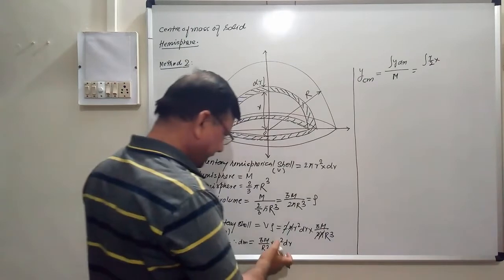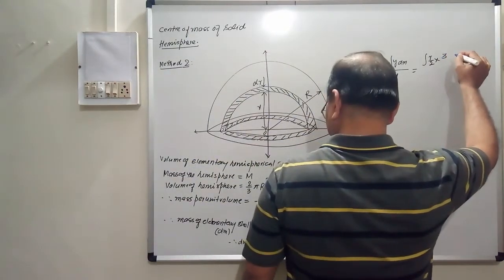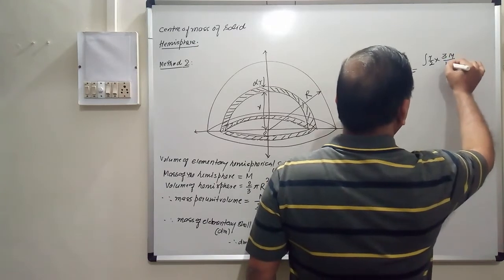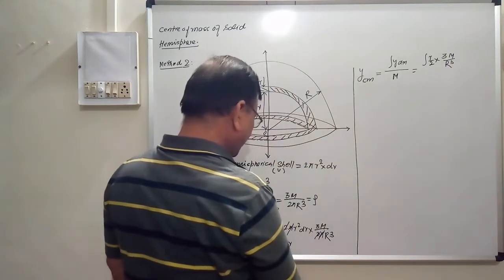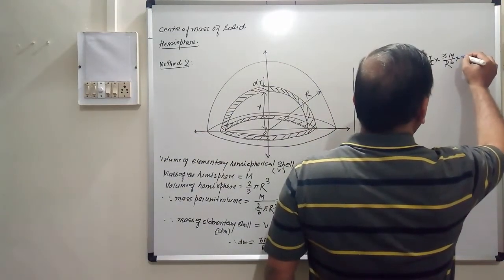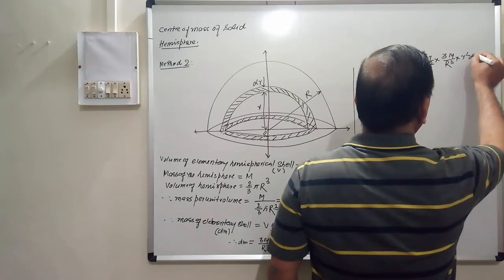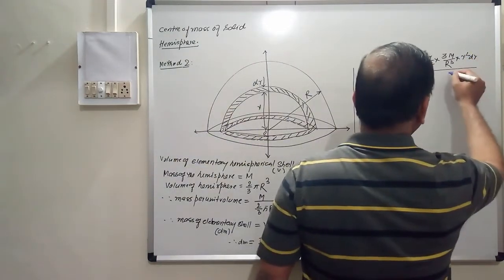And what is dm? Dm is this, that 3m upon r cube into r square dr into r by 2. What is the limit I will be putting over here?